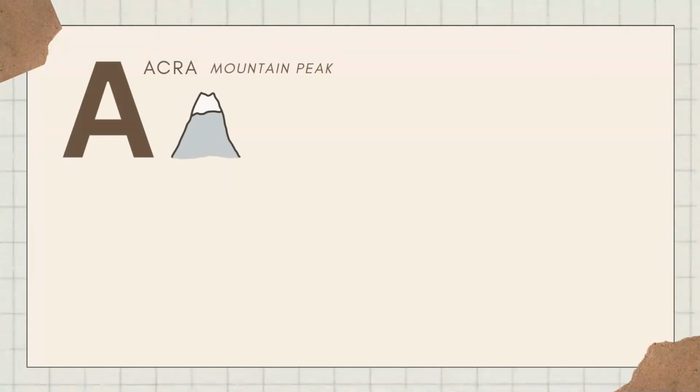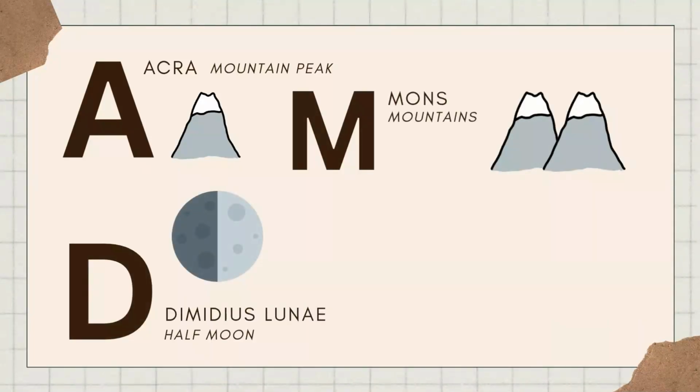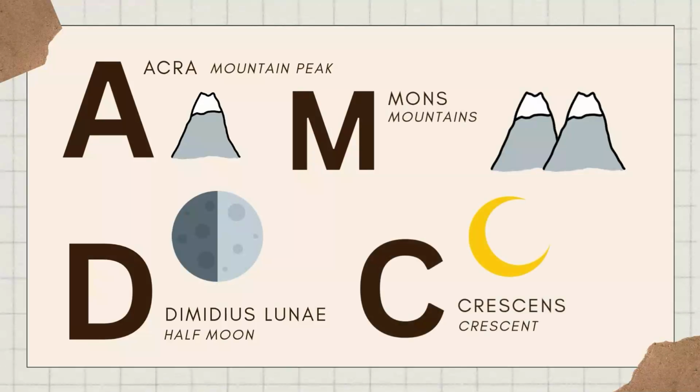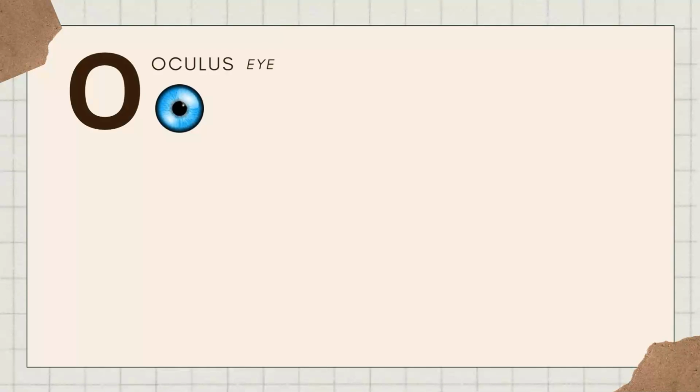In nature, the letter A recalls the peak of a mountain, while M evokes a mountain range. D suggests a half moon, and C the crescent. Q, with its drop-shaped tail, calls to mind water, liquid, or even a single droplet. In the realm of the human body and its gestures, O becomes an eye, and I resembles a finger, perhaps the index.